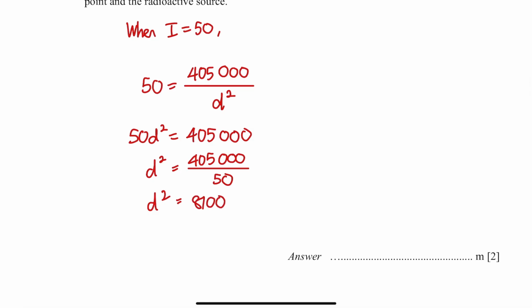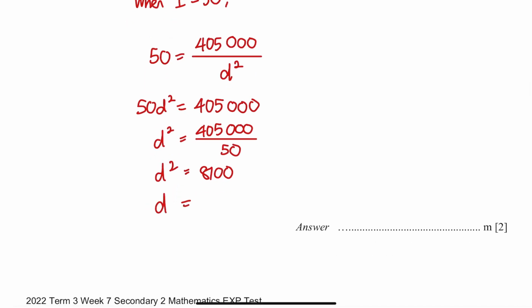Therefore, to find d, to get rid of the square, I will take square root on both sides. This means that d is equal to, remember when I square root an unknown, there should be a plus minus, square root of 8,100. Maybe I didn't write this clearly, I'll write it clearly again. So over here, I will get two answers. d is equal to 90 or negative 90.